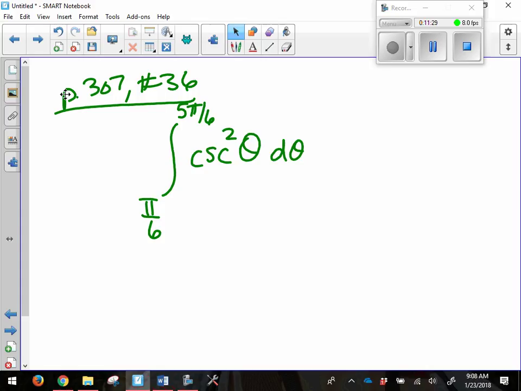But we're told specifically here to evaluate this using the fundamental theorem of calculus part 2, which means we are going to use the antiderivative. So the first thing you have to ask yourself is, what is the antiderivative of that?